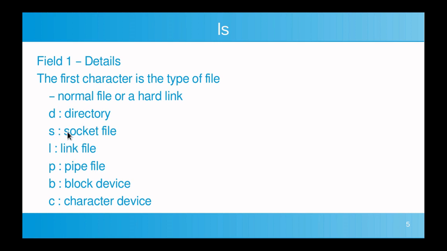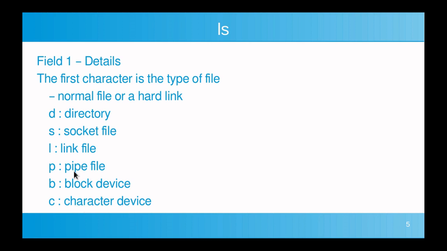Then there are some not so common types, like an S, a P, a B, or a C, which you will find in special directories, not in common directories. S means it's a socket file, P is a pipe file, B is a block device, and C is a character device.